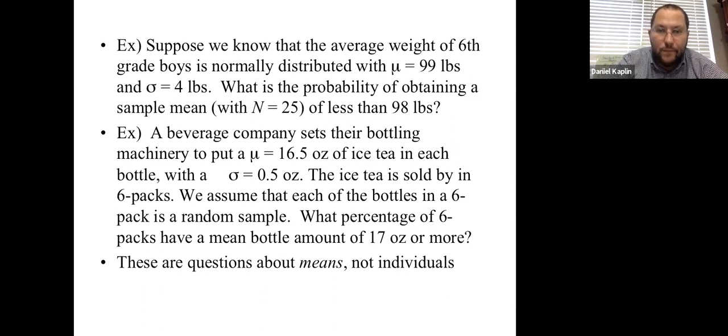So what I'm going to do is write it down and we're going to go through it together. We have a population mean of 99 pounds, a sample mean of 98 pounds, a sample size of 25, and a population standard deviation of 4 pounds.